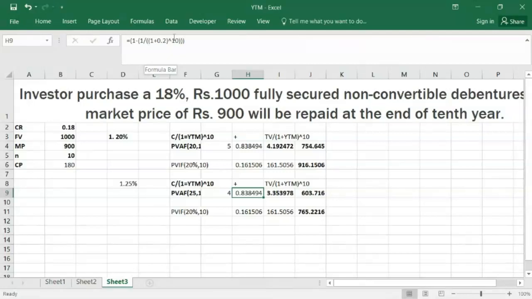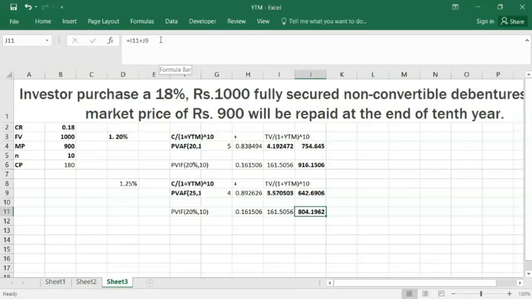Hence, 1 minus 1 divided by 1.25 to the power 10 gives the factor value of 0.89266, and this value is multiplied with 1 divided by r. The present value annuity factor for the problem is 3.570.